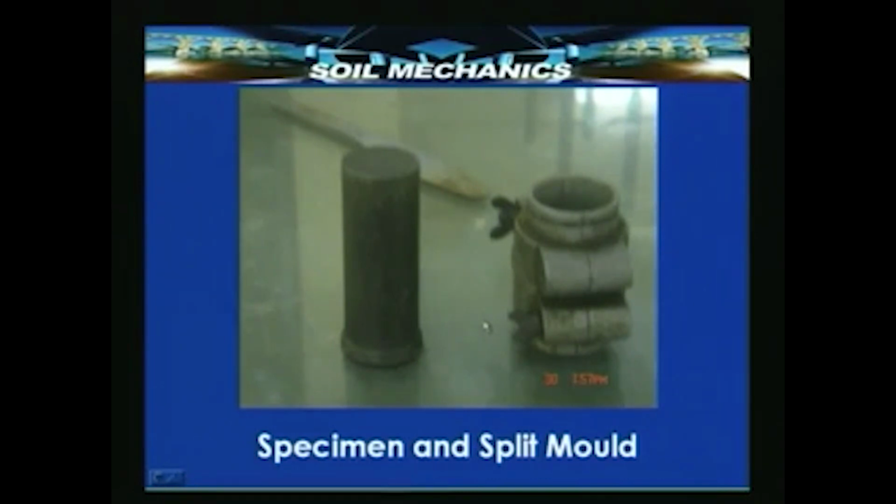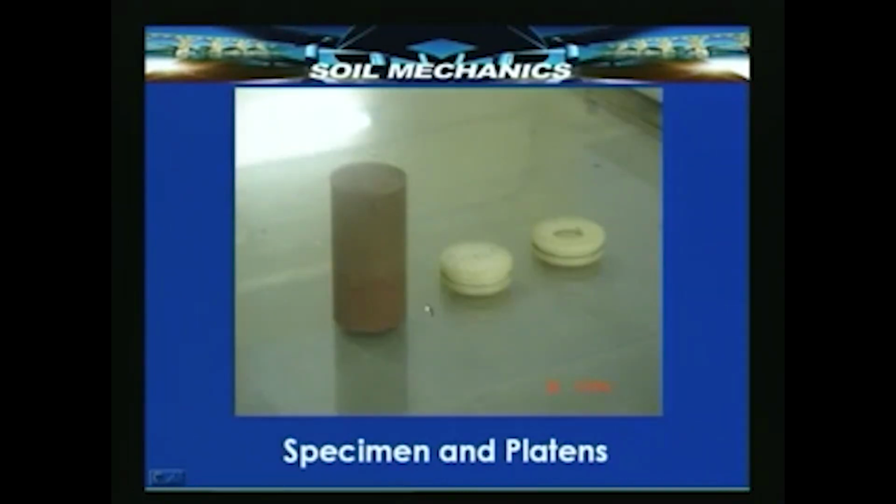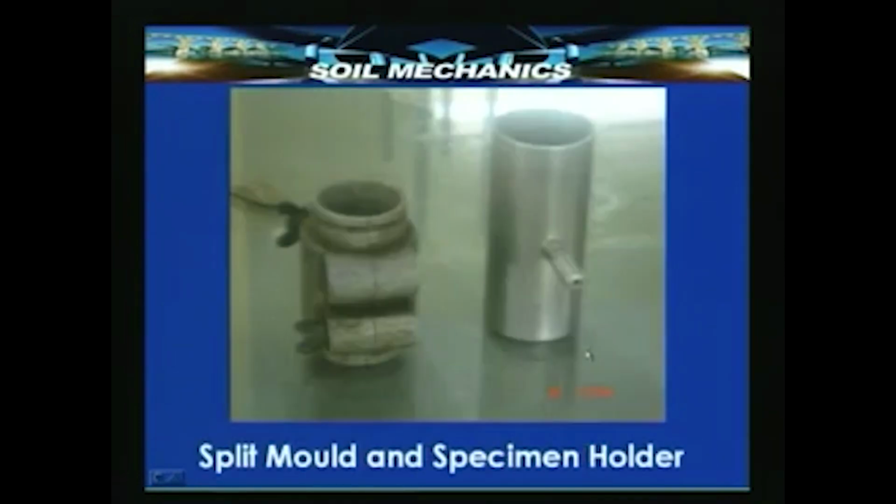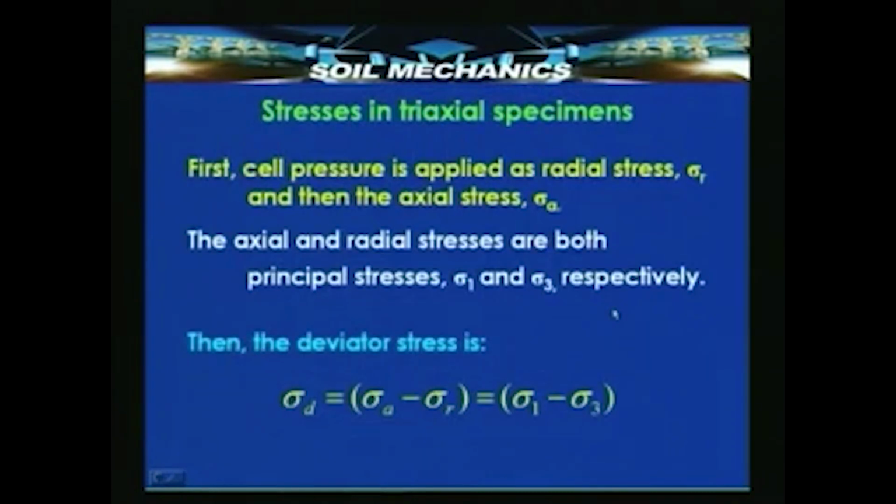And once the sample comes out, you can cut it to appropriate sizes, and together with these platens it can be put on the loading machine. Here we have a closer view of this split mold and the specimen holder in the triaxial apparatus.